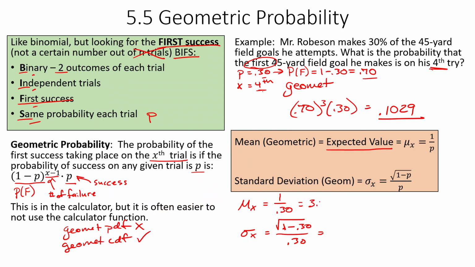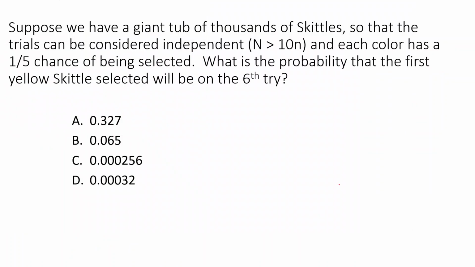So we get 3.33 and 2.79. This also makes me think, since it can't be less than 1, and that's a pretty large standard deviation, if I subtract that from the mean, I'm getting less than 1 already, so it's definitely going to be skewed to the right, because it can't go left. It can't go past 1. We'll see a graph of that in a minute.